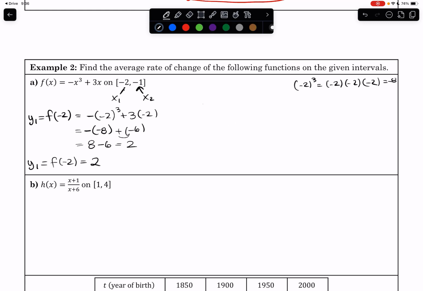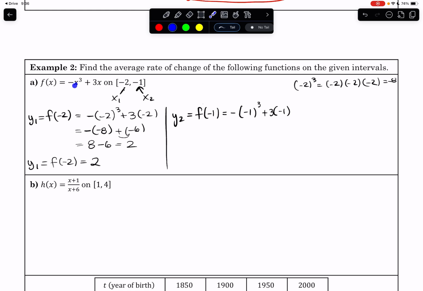Now I have to figure out what the y2 value is. And the way we're going to figure out the y2 value is to evaluate f at the x2 value, which is -1. So I'm now going to substitute in the x with -1. And again, I do the same thing.